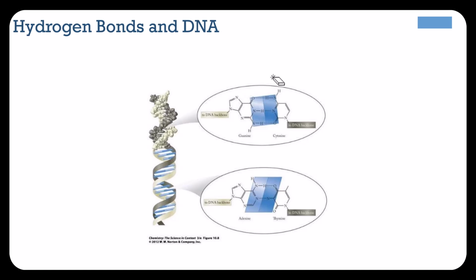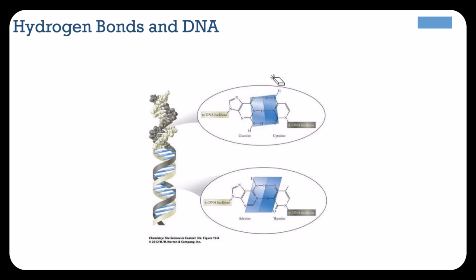So biology, right? We talk about DNA, okay? So DNA has two backbones, right? Those two backbones coil around in this double helix. And with those two backbones coiled around in this double helix, we get DNA.